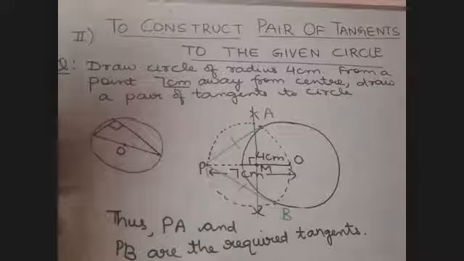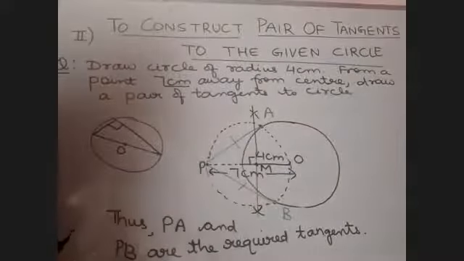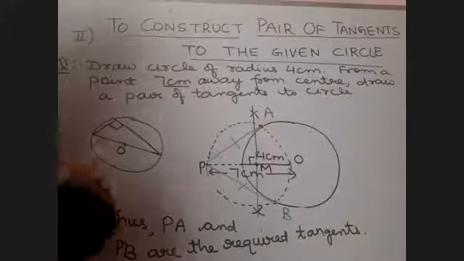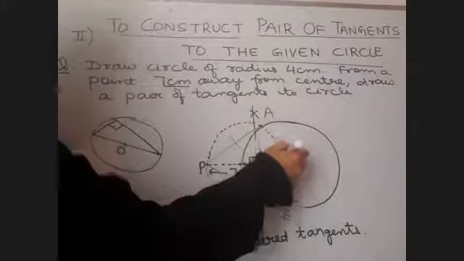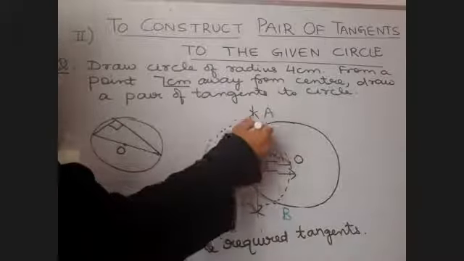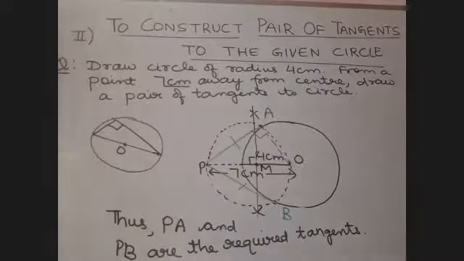So if I join O to A, this OA, will this angle be a 90-degree angle in the semicircle? Yes.